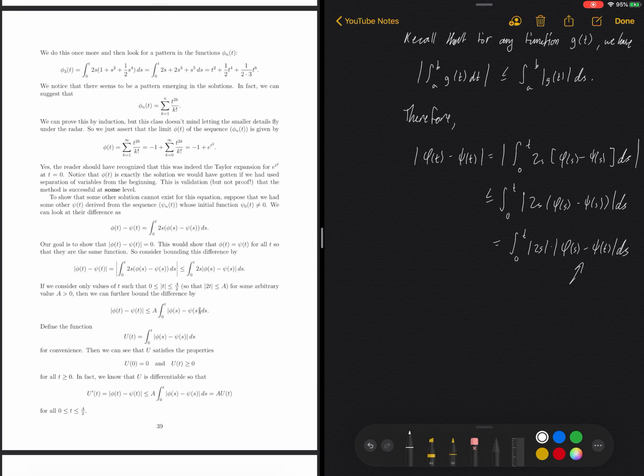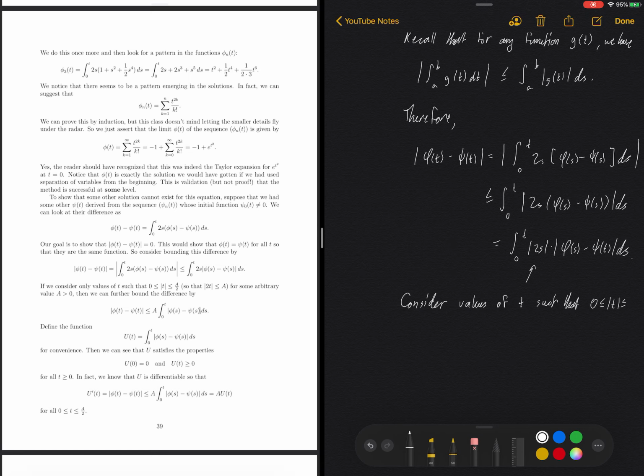So what we're going to do here, we want to get everything in terms of just that difference, right? We just want to get everything in terms of a difference of phi and psi. That way we can try to bound that piece by something that goes to 0. So let's go ahead and consider a domain where this 2s is not too big.